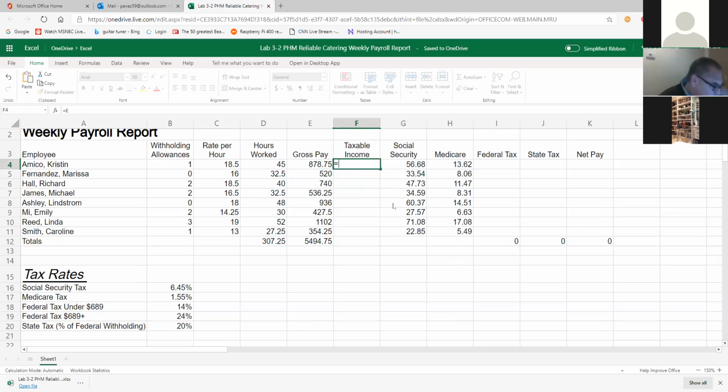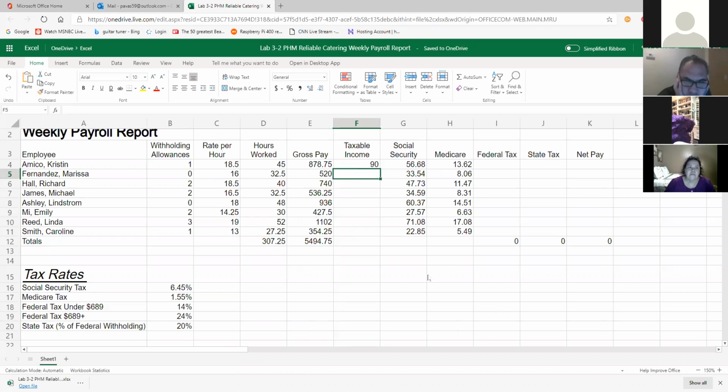Okay, so right here, the gross pay, the taxable income is gonna be this times 90. Where's 90? I don't know where's 90. Where is it getting the 90 from? Let me see something here. So it says it's 90.